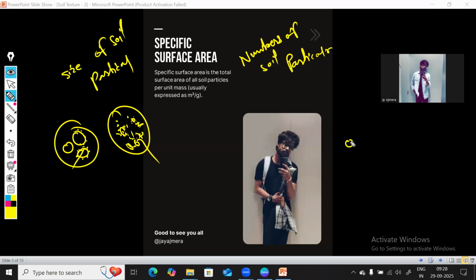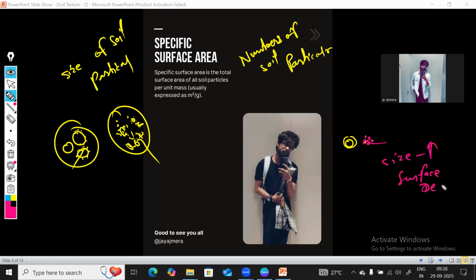If one particle is bigger in size, it holds only that much area. But if the particles are small, they hold that much surface area. Every particle holds its own surface area. So what we learn here, that simple concept, is size and surface area.